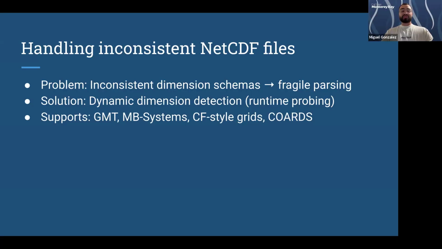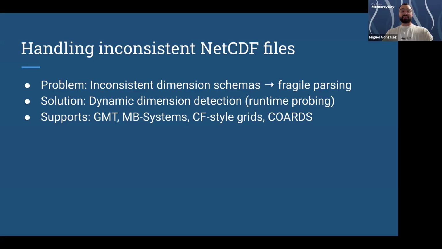The fix was switching to dynamic dimension detection. Instead of guessing which dimension represents the grid, the constructor now probes the file. It checks for MB system XY size, then GMT, and so on. It then verifies that the dimension sizes actually align with the elevation variables before accepting them.